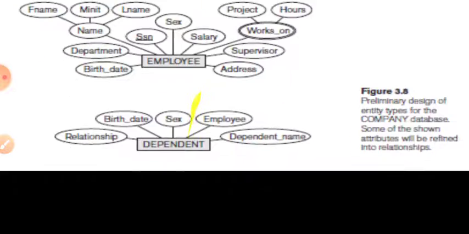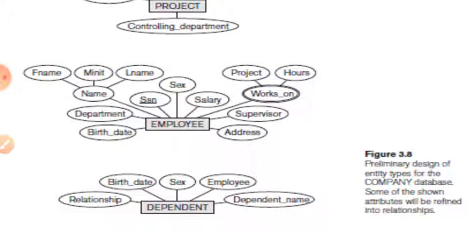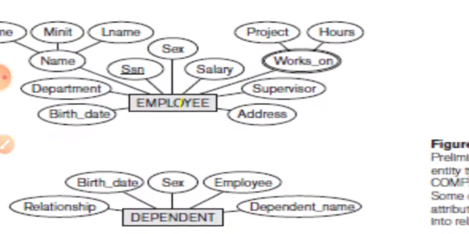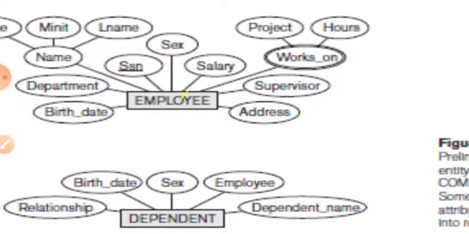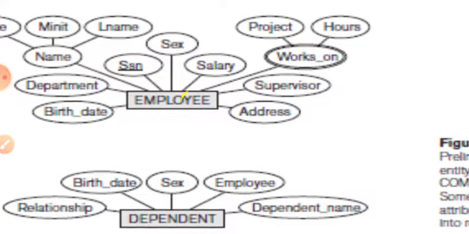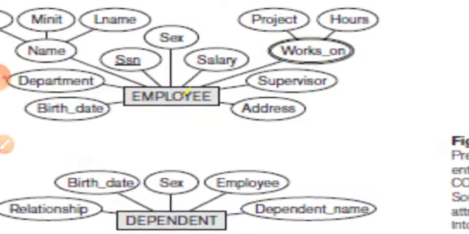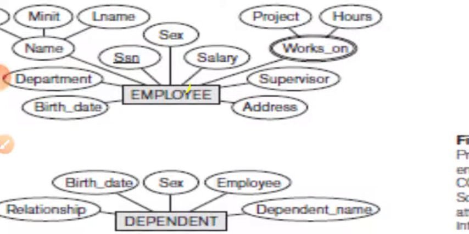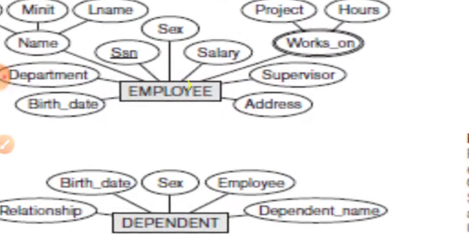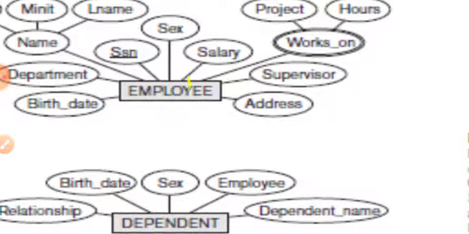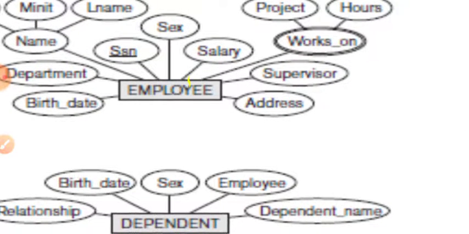Next we shall take up dependent. This dependent has attributes like relationship, birth date, sex, employee, and dependent name. These attributes of dependent speak about what is the relationship with the employee, what is the dependent's birth date, what is the sex, whether it is male or female, who is the employee to which this dependent belongs, and the dependent's name.